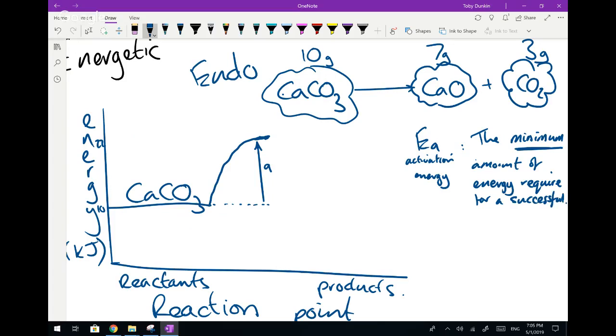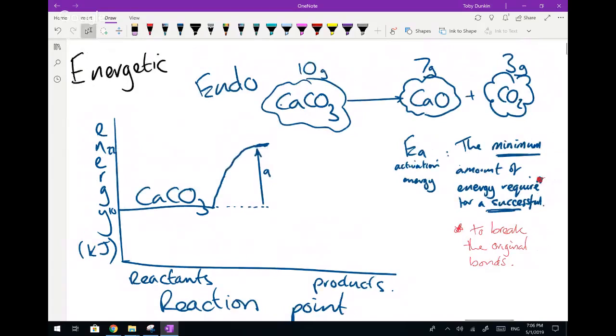I mean, collisions are there, but I'm also going to put required. I'm going to star that in a different color, because it's not particularly great there. The alternative is the amount of energy required to break the original bonds, because all the bonds were there originally and we have to break them. So the process is endothermic.